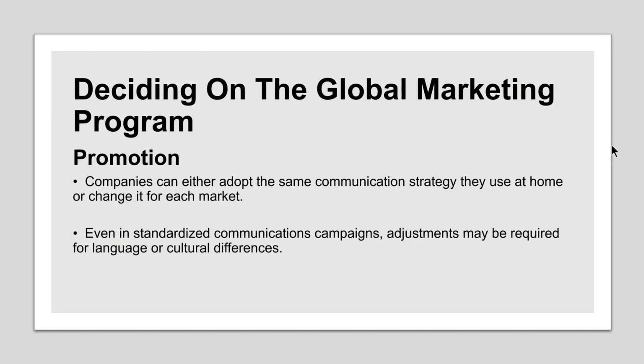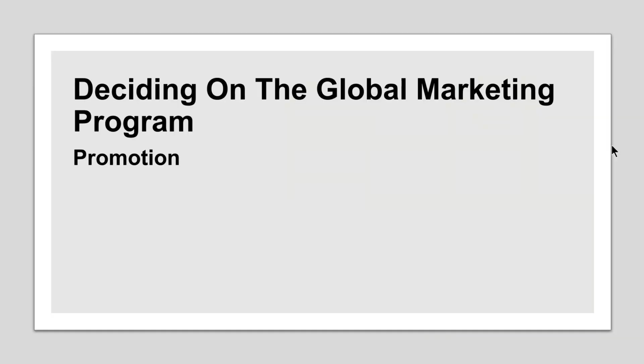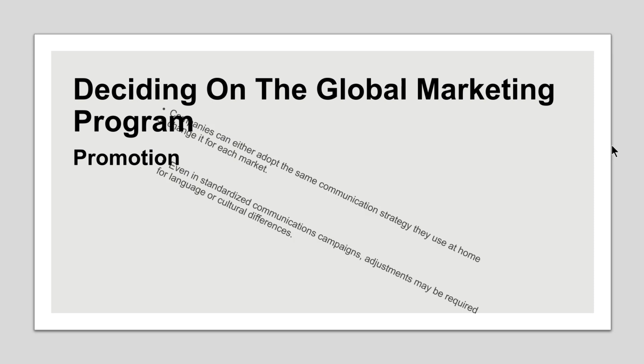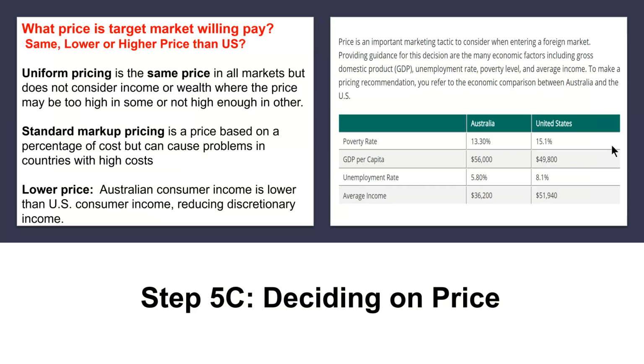So then once you've decided that you're going to have this product adaptation, that you're actually going to produce another product and communicate the same way as you do mostly in the United States, you have to create a promotion, of course. And again, companies can either adopt the same communication strategy they use at home or use standardized campaigns. And in this case, we're going to use our standardized campaigns and adopt our promotions like that.